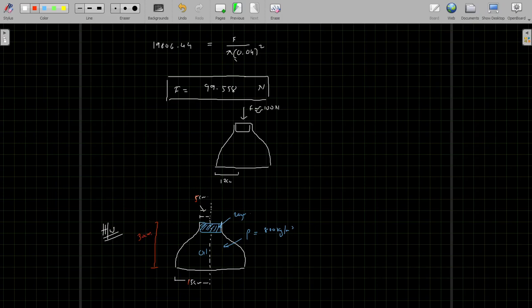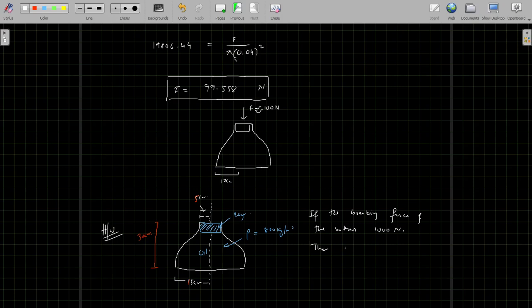Let us give you the breaking force only, no problem. Breaking force of the bottom, let us keep it simple, 1000 Newton.